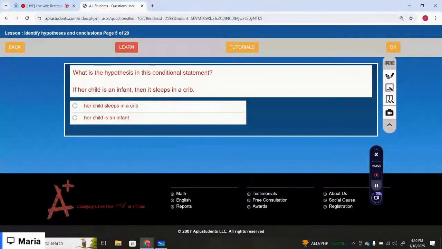What is the hypothesis in this conditional statement?